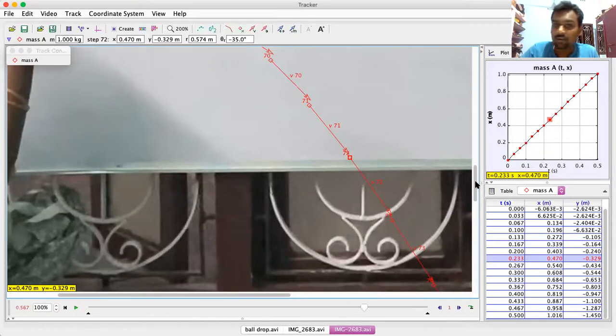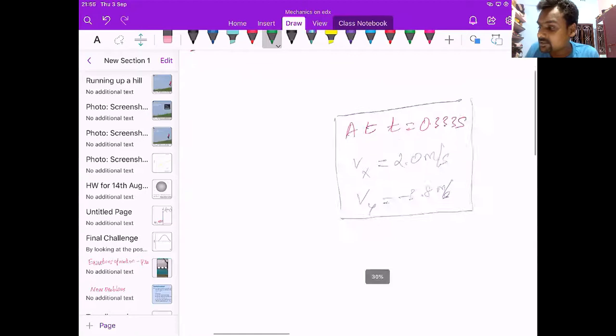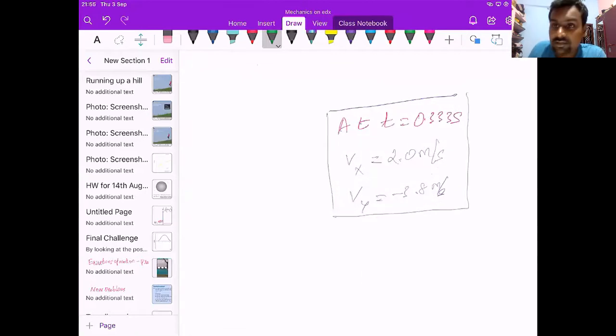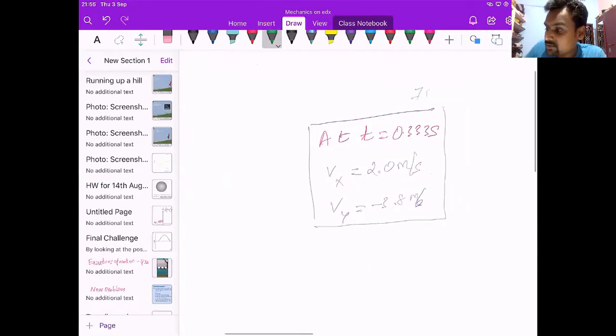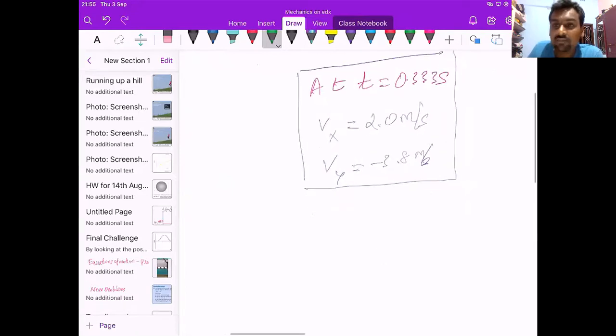So in order to save time, I have taken the velocities across the x and y direction at a particular instant in time, which is at time t equal to 0.33 seconds. This corresponds to the 75th frame. So you've got Vx in the horizontal direction to be 2.0 meter per second across the x-axis, and Vy at that point to be minus 3.8 meter per second. I basically took this from the graph.